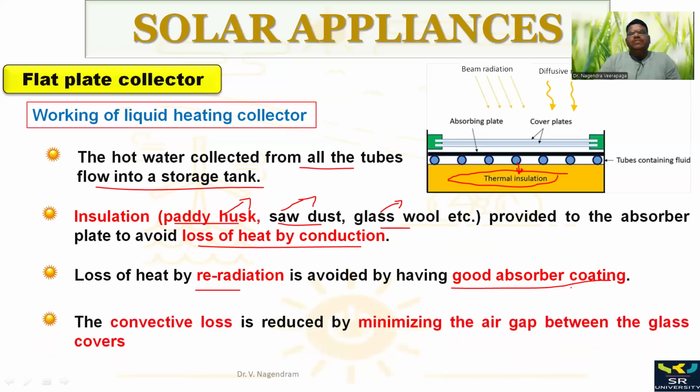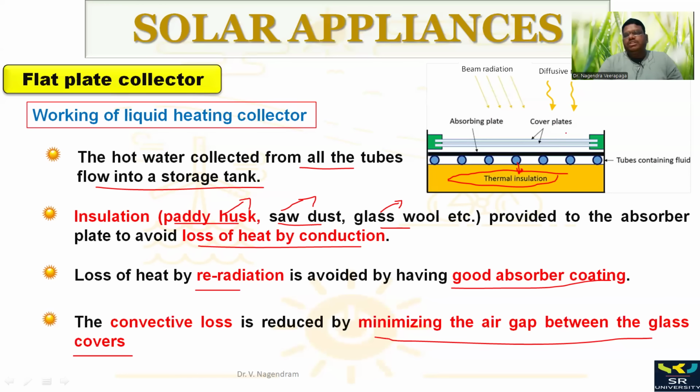Next, to avoid the convective loss, some convective loss will occur. To avoid that, we are minimizing the air gap between the glass covers. Here we are using two glass covers. You can see that there is a gap between the glass covers. If this gap is more, the convective losses will be more.